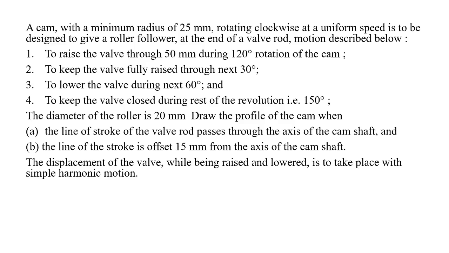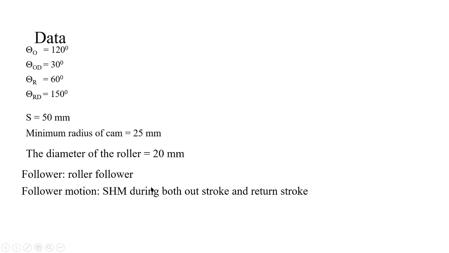The displacement of the valve while being raised and lowered is to take place with simple harmonic motion. Data given are listed over here. The outstroke 120 degrees, outstroke dwell period 30 degrees, return stroke 60 degrees, then return stroke dwell period 150 degrees.